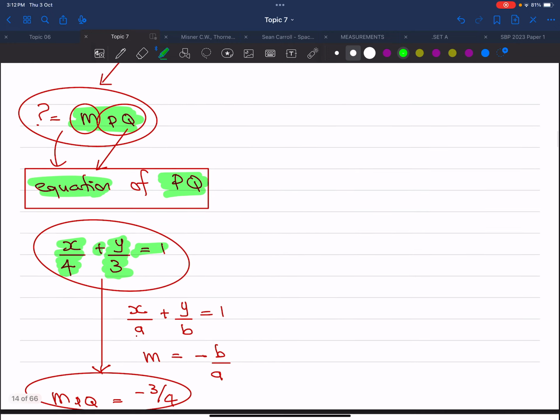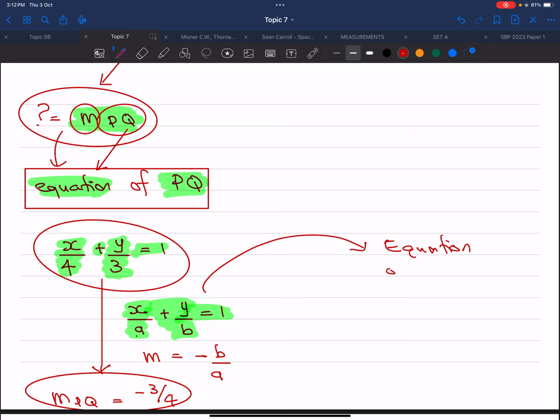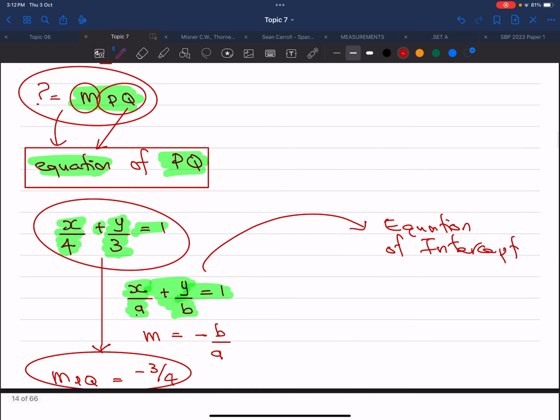If you notice, the given equation is in the form x over a plus y over b equals 1. This is the intercept form, where a is the x-intercept and b is the y-intercept.